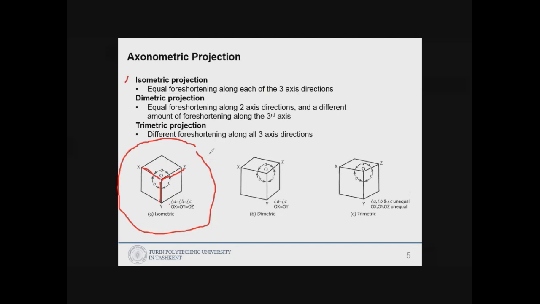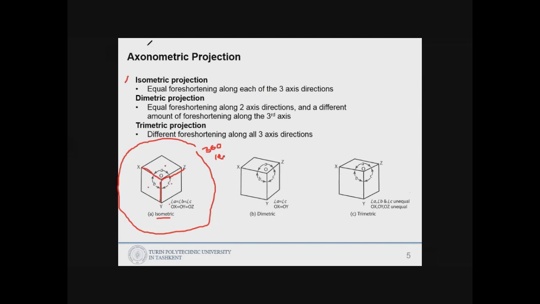This is 360 degrees, the total circle. So 120, 120. Every angle, A is 120, C is 120, and B is 120, equal. So that is isometric.